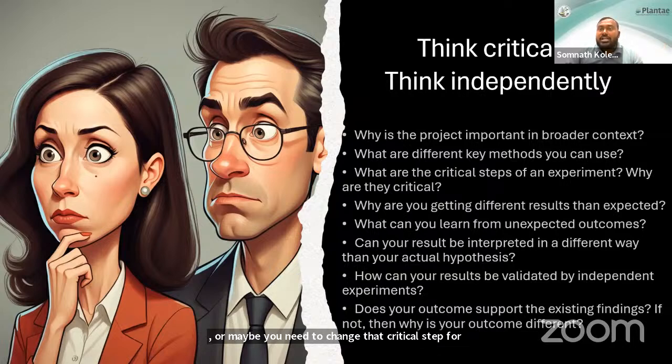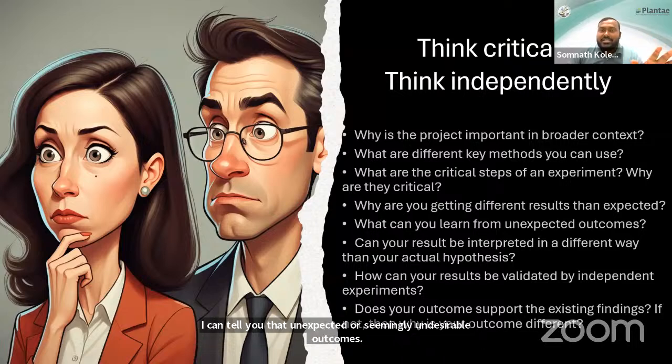And if your results do not align with your hypothesis, ask why. What could this so-called negative result reveal? Can you validate your unexpected result with an independent experiment? From my experience, I can tell you that unexpected or seemingly undesirable outcomes often lead to breakthroughs. So do not discard your so-called negative results before understanding why they turned out that way.